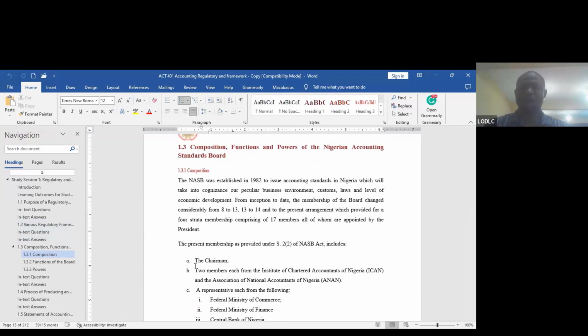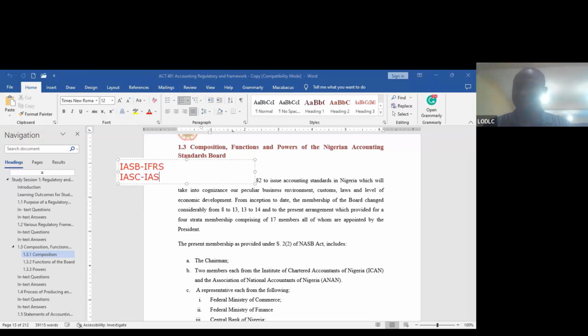Do you understand? So IASB are the ones saddled with the responsibility of producing IFRS. Then IASC were the ones saddled with the responsibility of producing IAS.